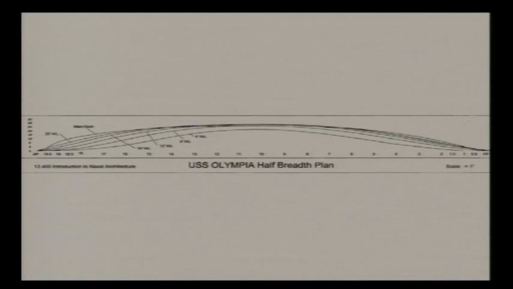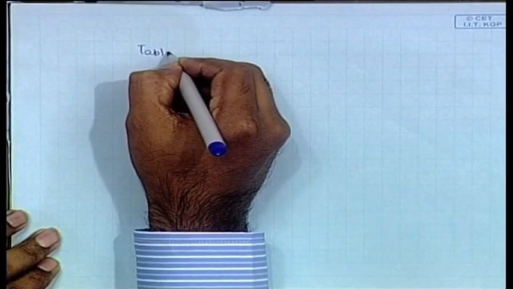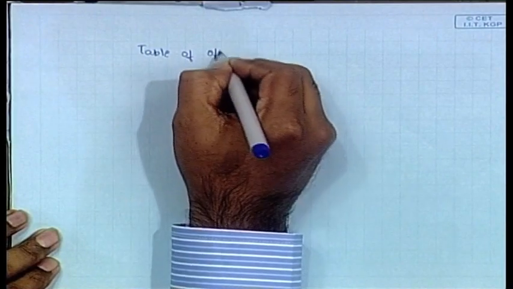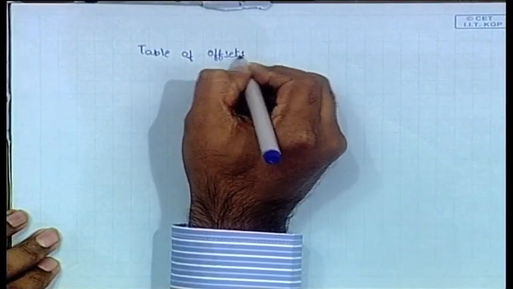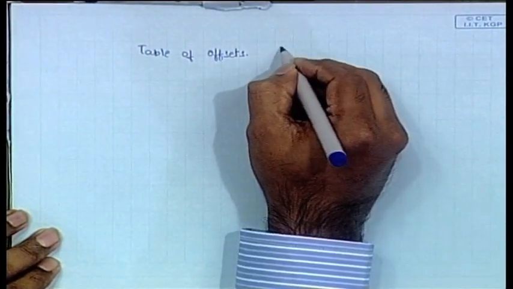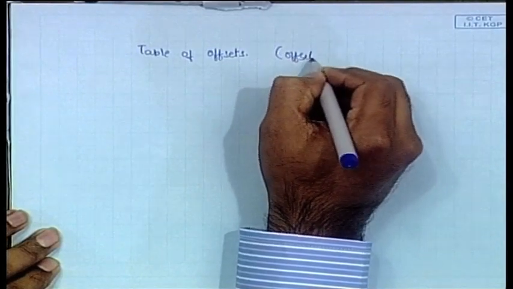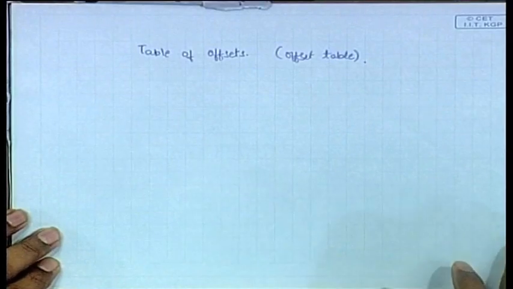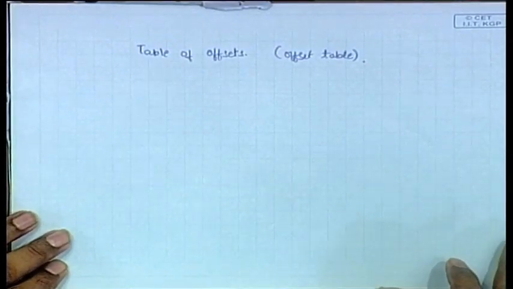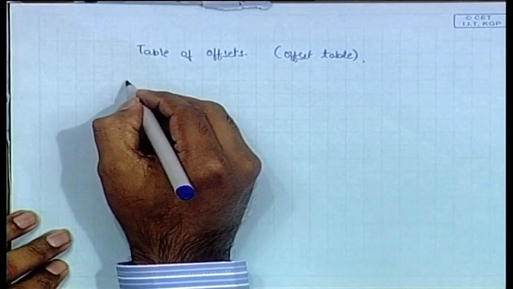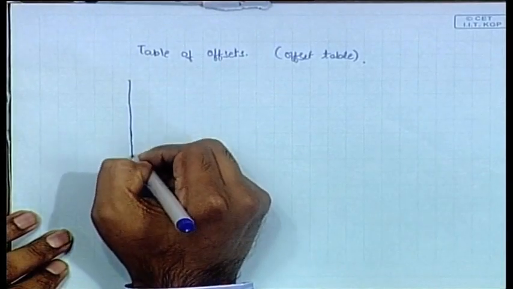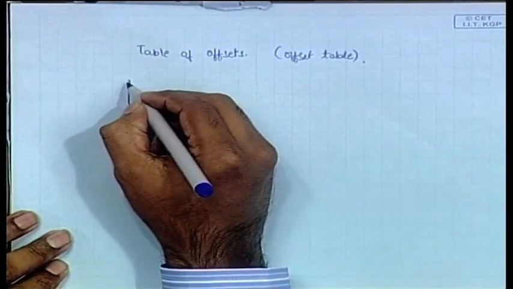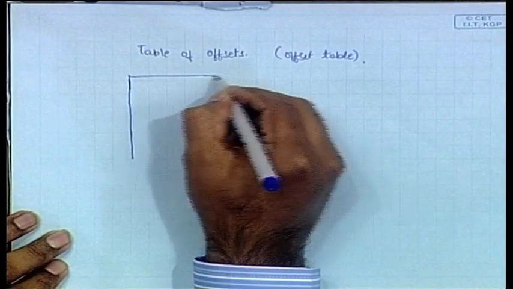Now, in a shipyard, this is usually represented as what we call the table of offsets, or it is called the offset table. Okay. It is usually designed like this. It is basically the drawing in a tabular form. You have just reduced the drawing into a tabular form.